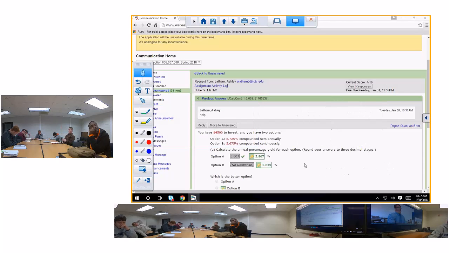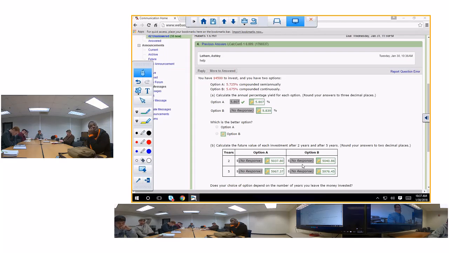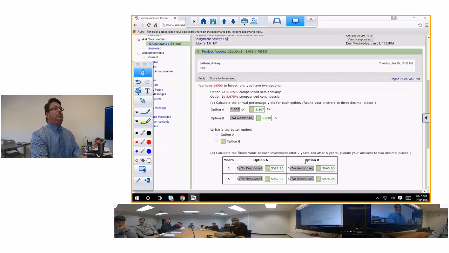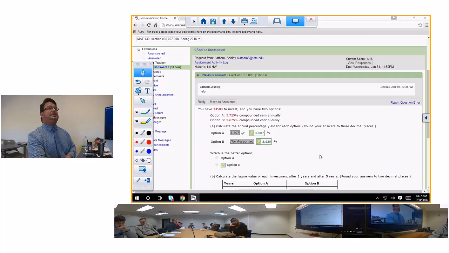Now, a lot of people say, well, why do you want to do this one? Well, this one, okay, compounded semi-annually, you got to know the two formulas.